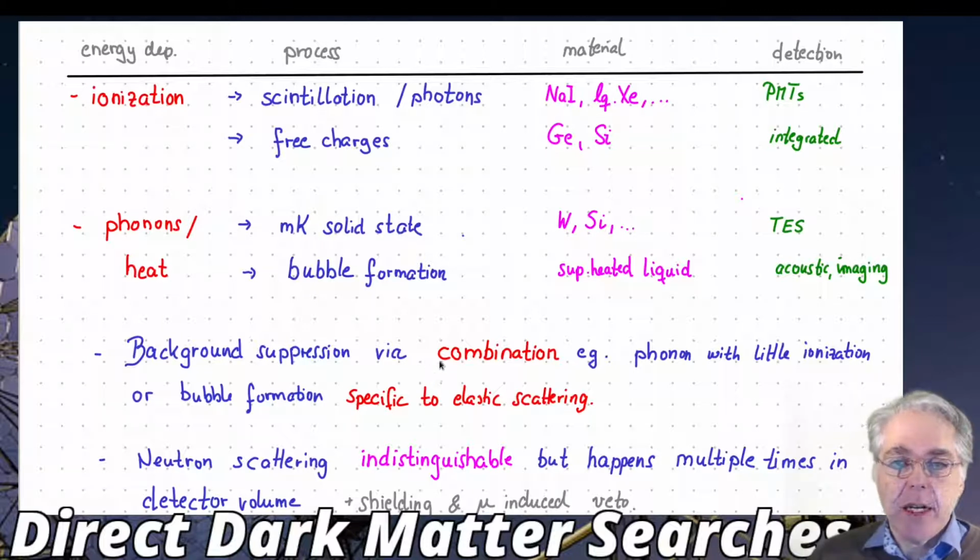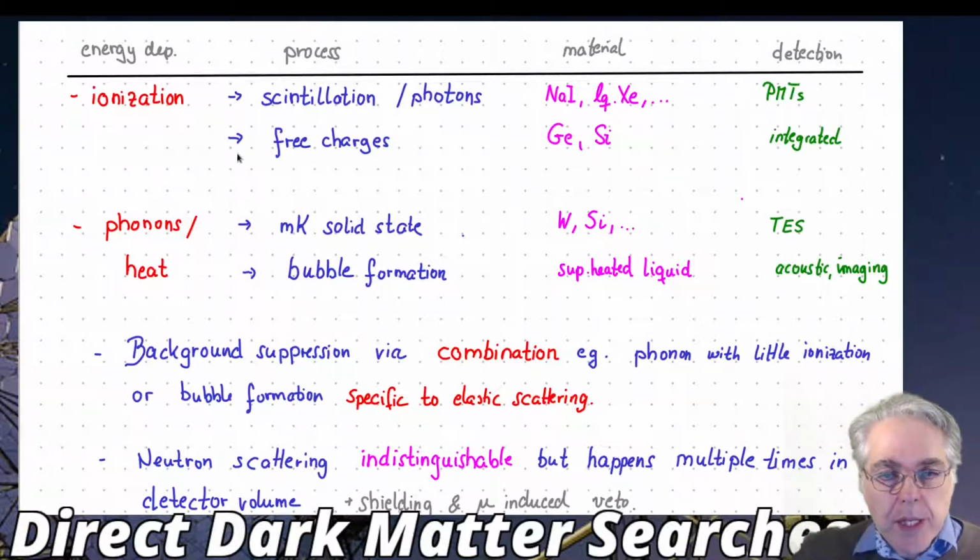And that's done in most of the cases of the detectors, and we'll see two examples in a moment, by combining the ionization and the phonon type of signal. Because the phonons are generated more efficiently in the case of nuclear recoil, whereas ionization is produced a lot or a stronger signal is produced in that channel in the case of electron recoil, as it is the case for beta and gamma decays.